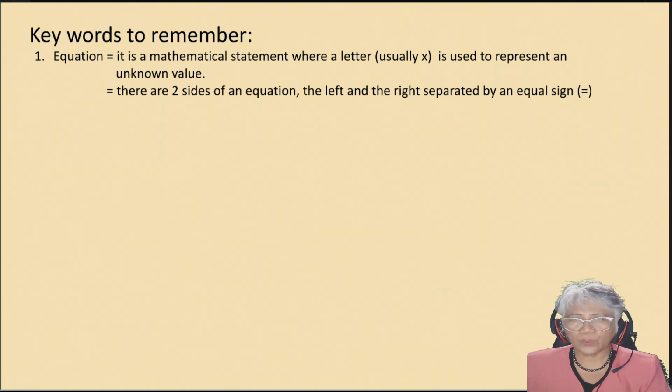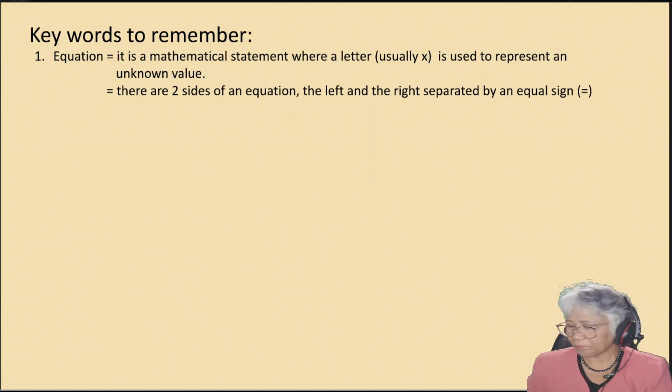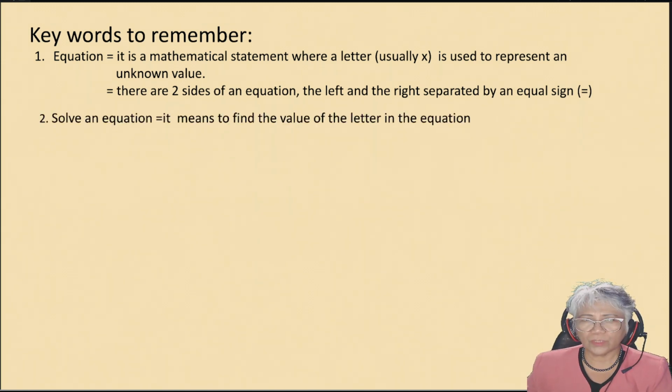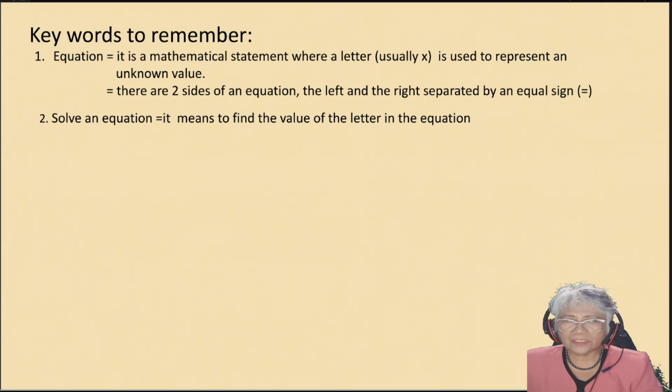An equation is a mathematical statement where a letter, usually x, is used to represent an unknown value, and there are two sides of the equation, the left and the right, separated by the equal sign. The next one: what does it mean to solve an equation? It means to find the value of the letter in the equation.